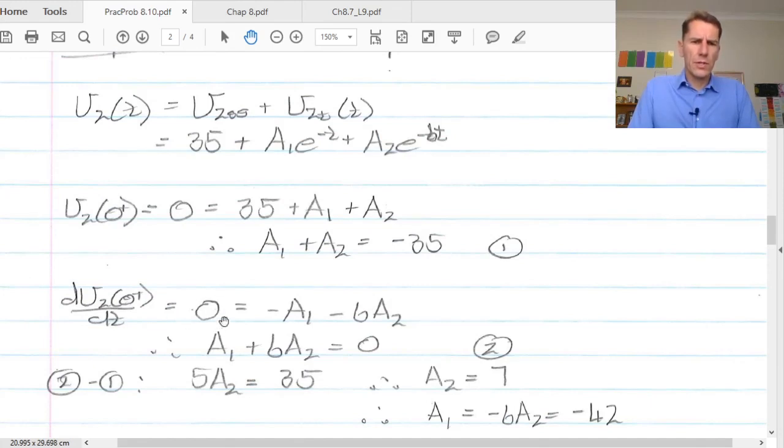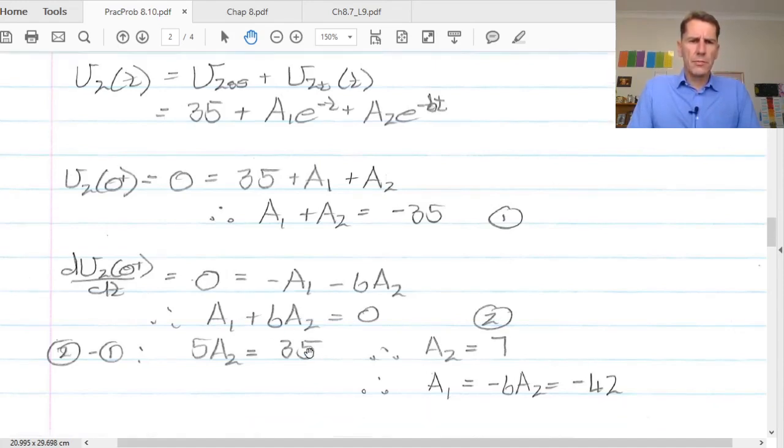The rate was 0 for dV/dt, so I get a second expression for A1 and A2. How you solve them is up to you. The quickest way is to look at equation 1 and equation 2: if I subtract them, I get rid of A1 and I'm left with 5 A2 equals 35. So I said equation 2 minus equation 1, and I get A2 is 7, which means A1 works out at minus 42.